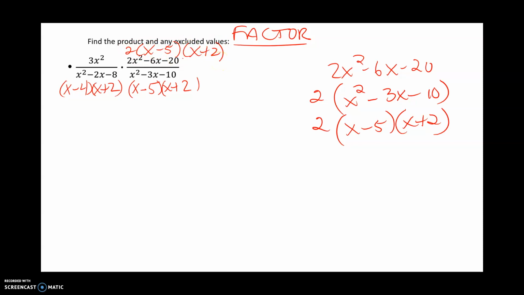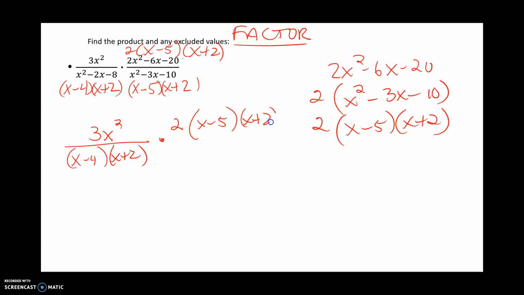Right, let me rewrite now factored what I'm looking at. I have 3x squared over x minus 4, x plus 2, times, I have a 2, I have an x minus 5 and an x plus 2, over x minus 5 and an x plus 2.